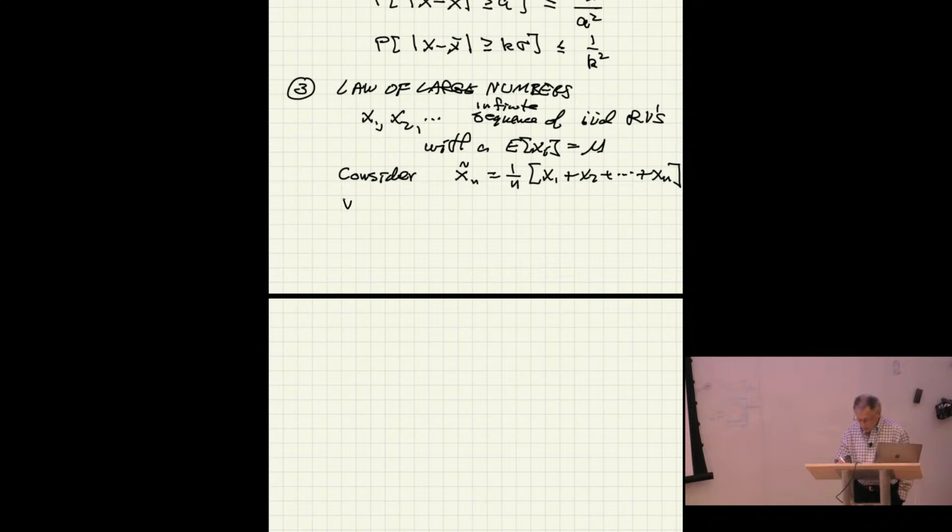Now, the weak law of large numbers basically says the following, that this sample mean xn tilde goes to the value of the mean as n goes to infinity.